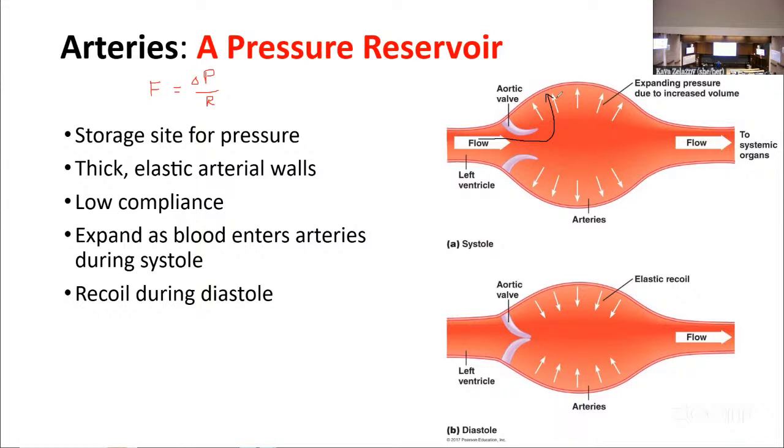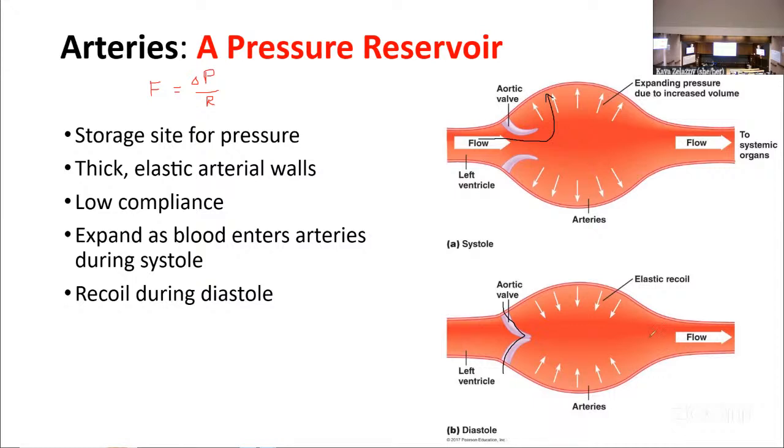But as soon as this valve closes down, right, and we stop shooting blood into the aorta, we're moving blood forward into the systemic circuit. So we're losing the volume of blood here in the aorta, and the pressure is starting to drop. Okay. So during diastole, the relaxation part of the heart cycle, we have this drop in pressure.